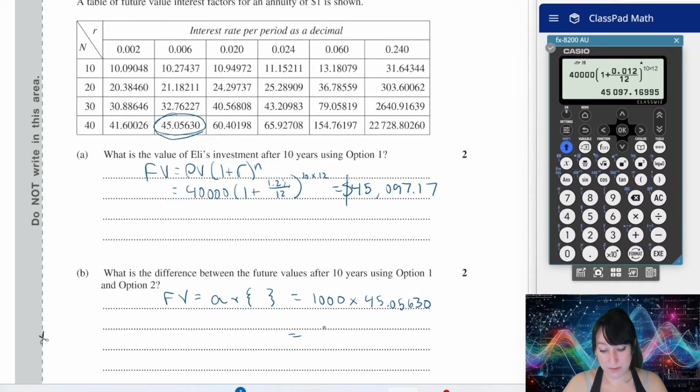That would come out to $45,056.30. And they're asking for the difference. So that would simply be $40.87.